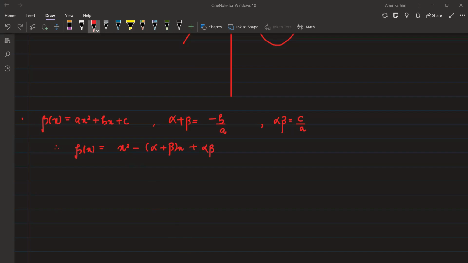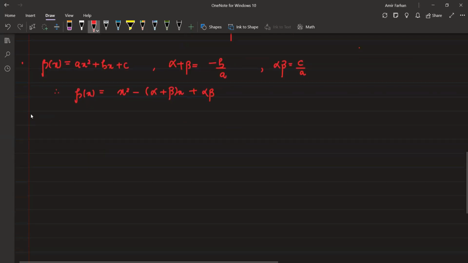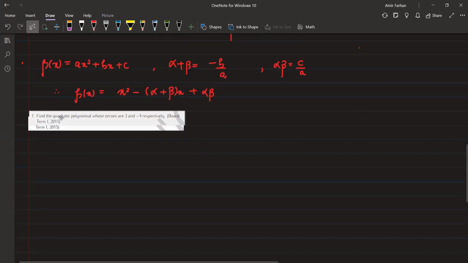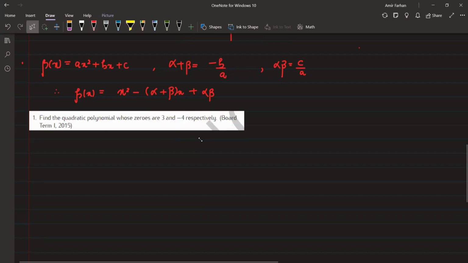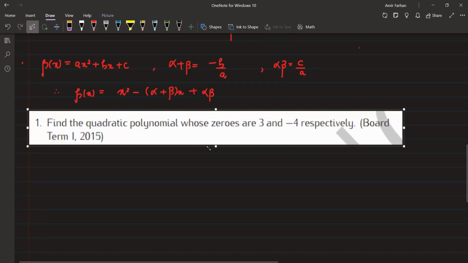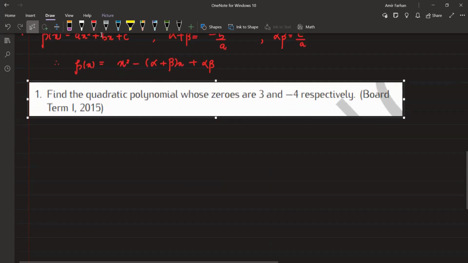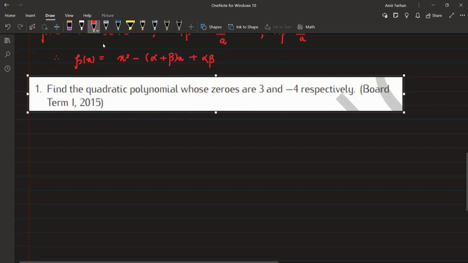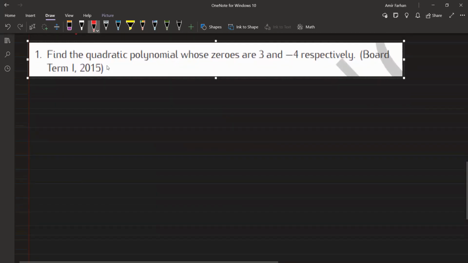So let's do some numericals. This question is saying that look, NCERT questions, we have already done the NCERT questions.